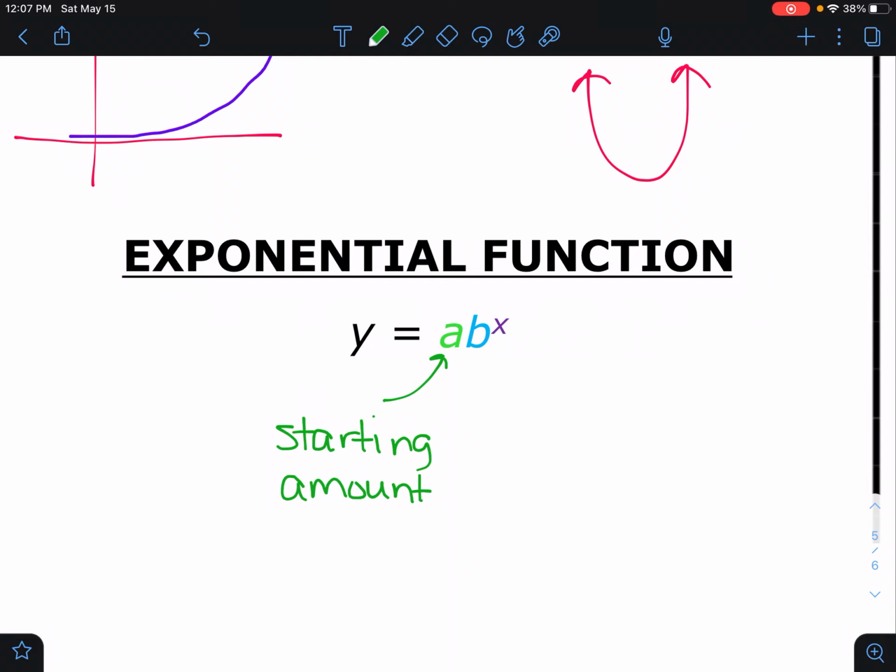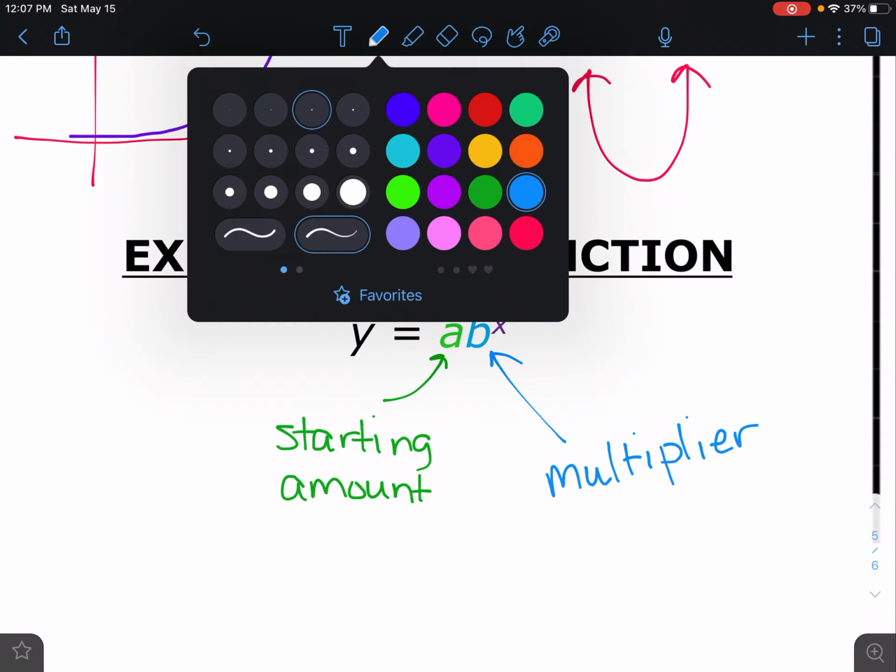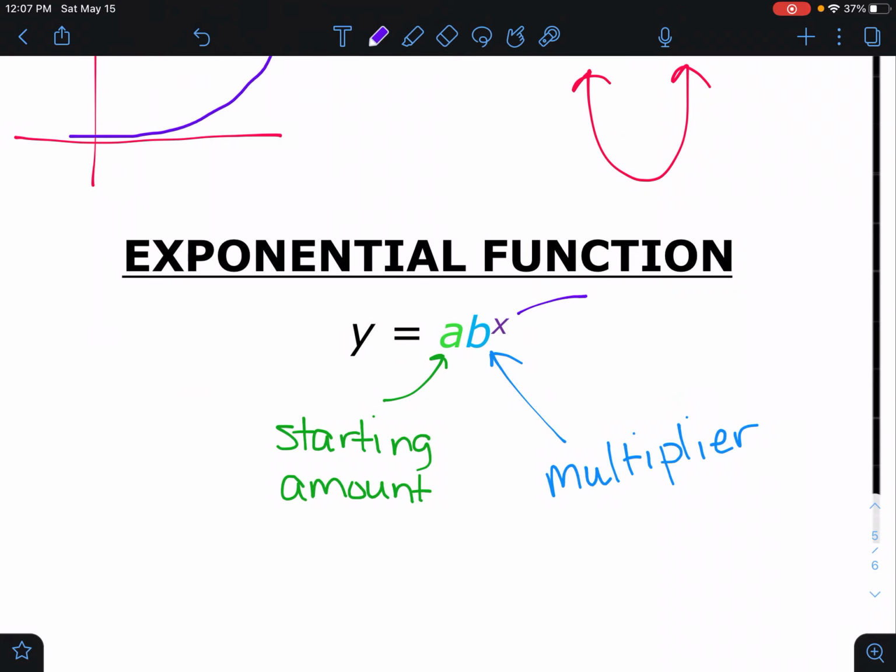Your b value, this base, this is your multiplier. What are you multiplying a bunch of times? And then the x here would be how many times you are multiplying that by: 10 times, 5 times, whatever.